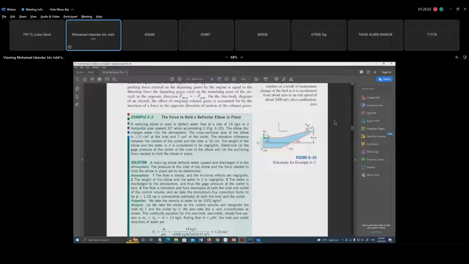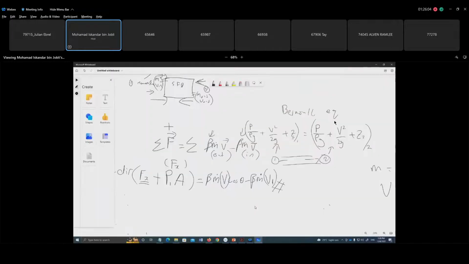So the right equation to put is actually rho m positive V cos theta minus rho m positive V1.